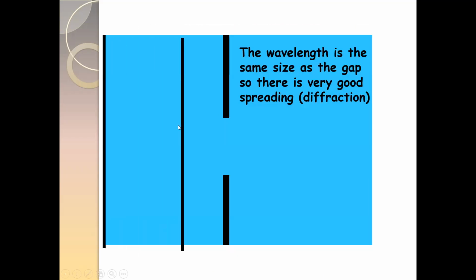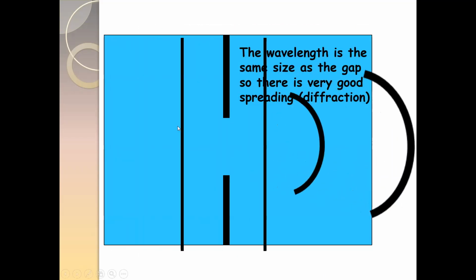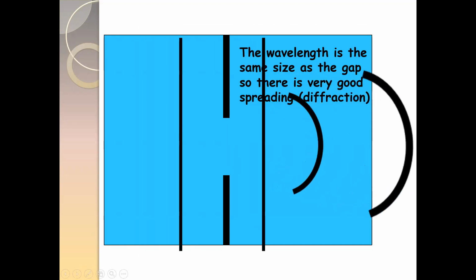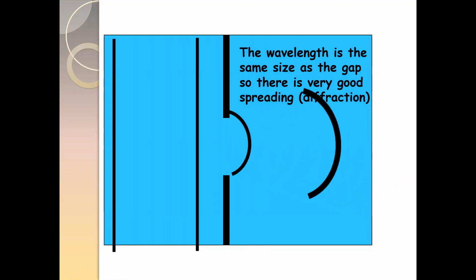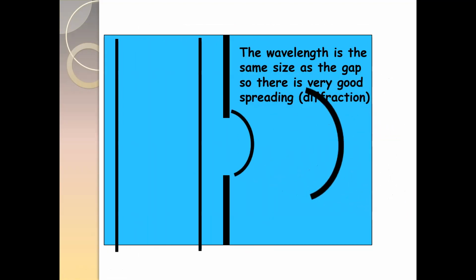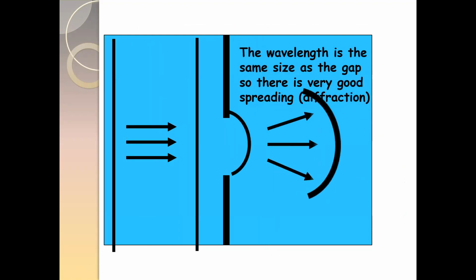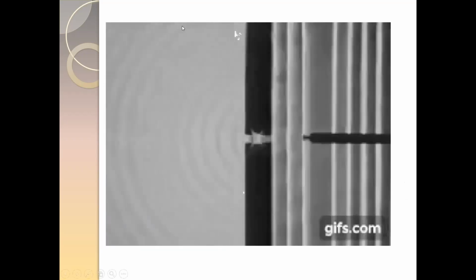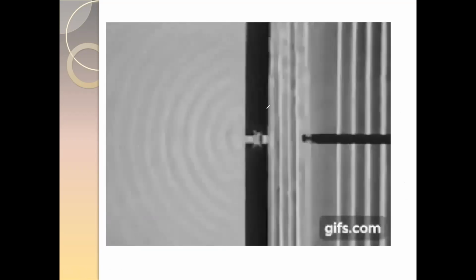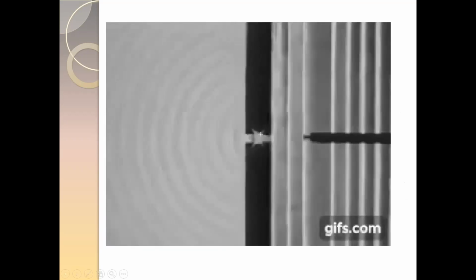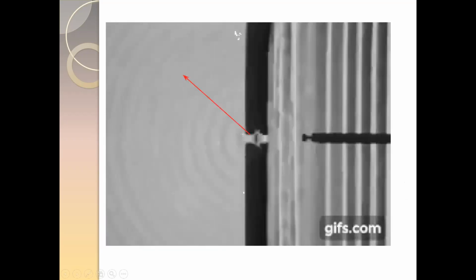But if the gap is smaller, then what we will observe is greater diffraction, or a greater amount of wave spread out. So here you can see in this image, when we pass the wave through a narrow gap, the greater amount of wave is able to pass through.